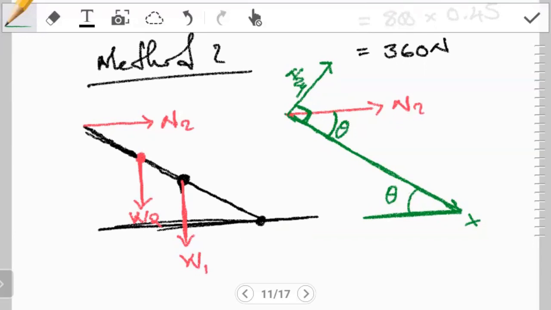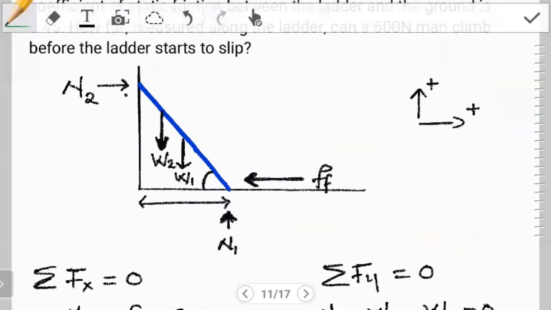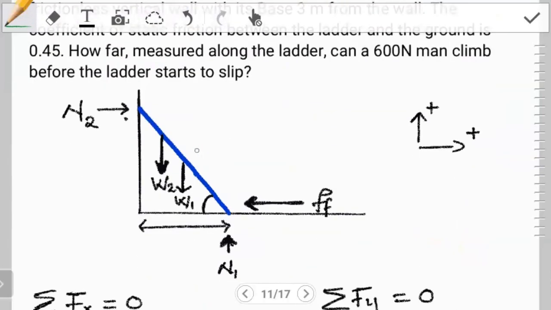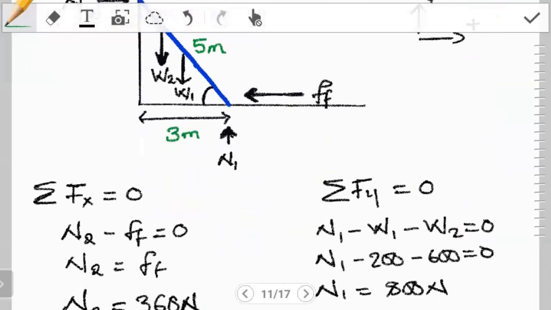Well, we are given two things from the question. If we go back to our diagram, we are told that the dimensions of the ladder, this is 5 meters, and the base is 3 meters away from the wall. So we can use the hypotenuse and the adjacent to this angle to find what it is. We're going to use cosine there.